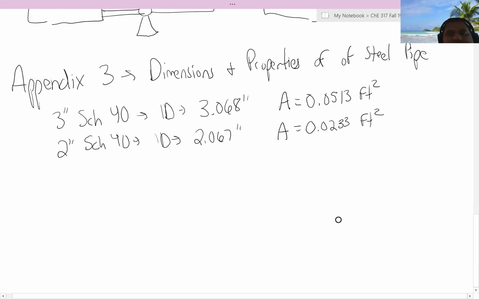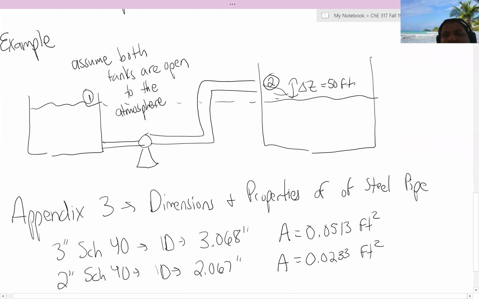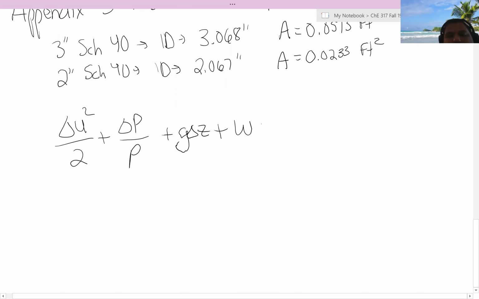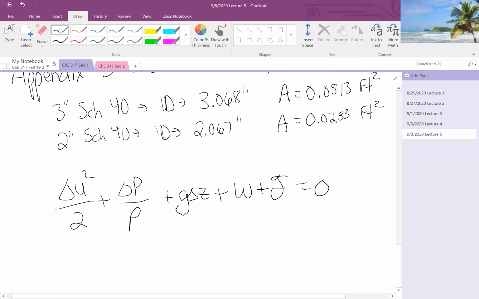So one thing I'm going to want to do with this in mind is set up my Bernoulli balance. So I write it. And I recommend every time you do an energy balance, you just go ahead and write it all out. And then ask yourself, what are the things that I can consider negligible?